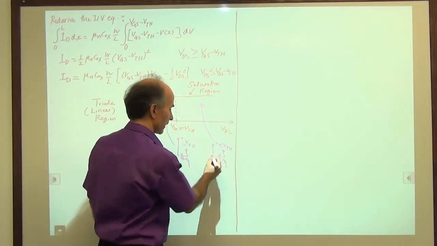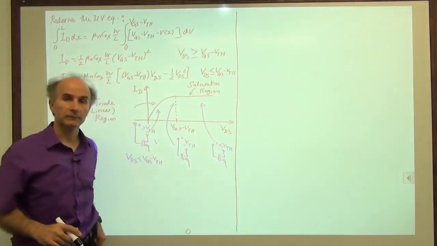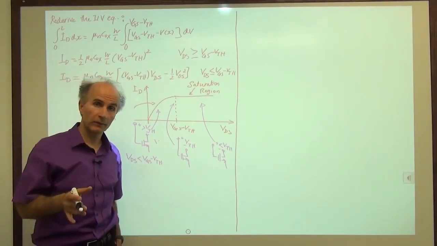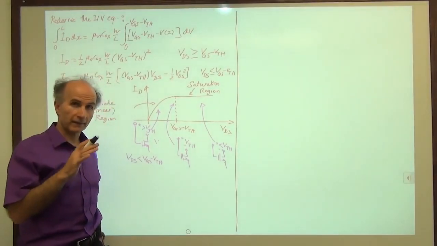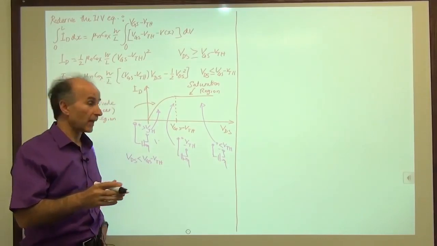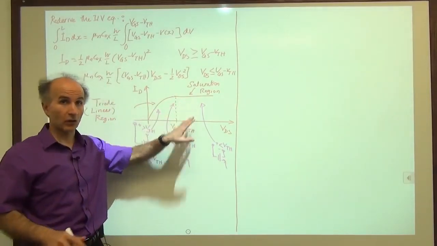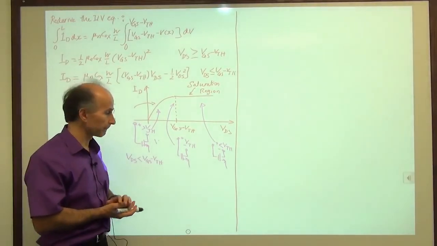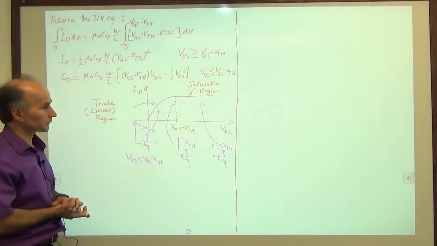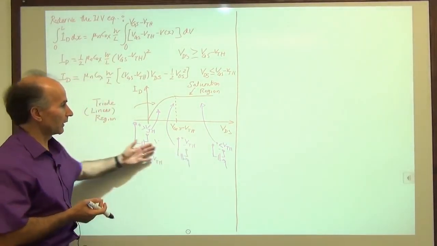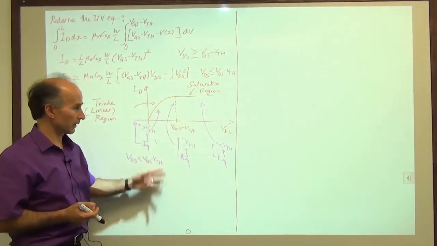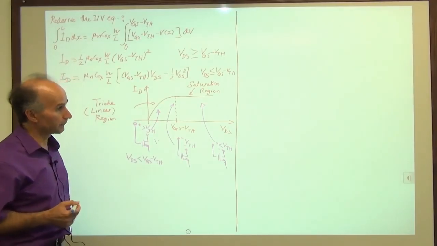So we are in saturation. If you are familiar with bipolar devices, you realize that saturation in bipolar devices and saturation in MOS devices are very different. So please do not confuse these two. All right, so that's the way to think about different voltages and different regions of operation for a MOS transistor.